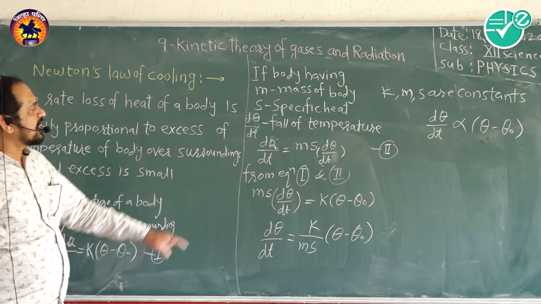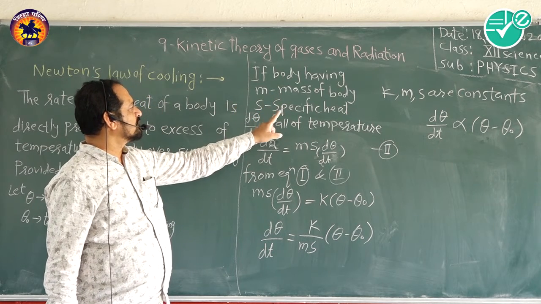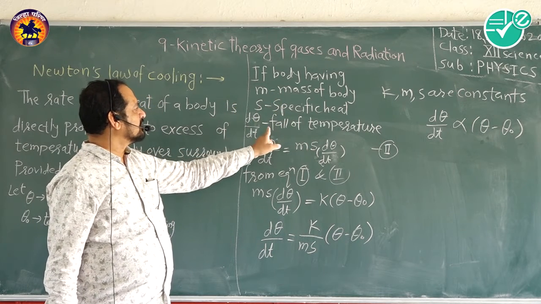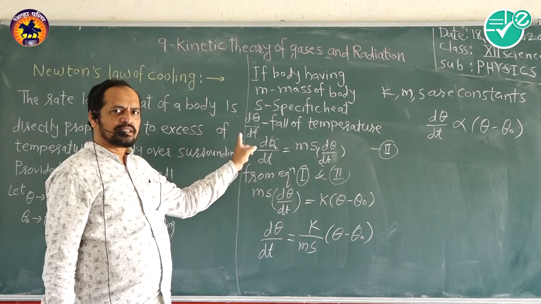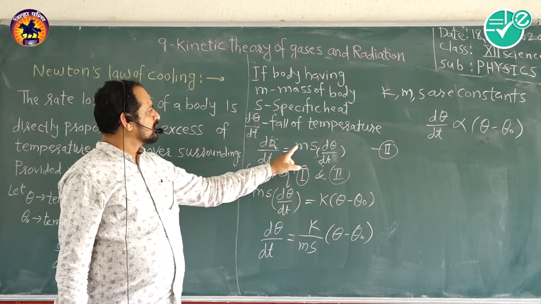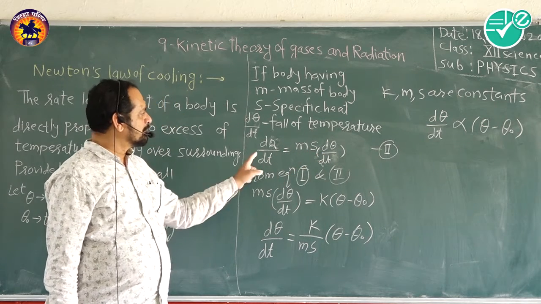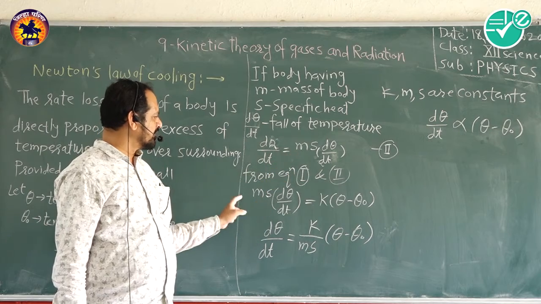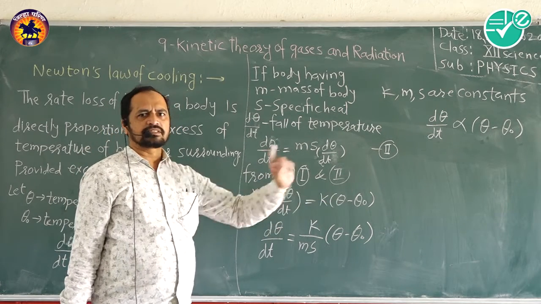Then if the body has mass m, specific heat s, and d theta upon dt is the rate of fall of temperature, dQ by dt is equal to m s d theta upon dt. If we compare both equations 1 and 2, we get m s d theta upon dt equal to k into theta minus theta 0.